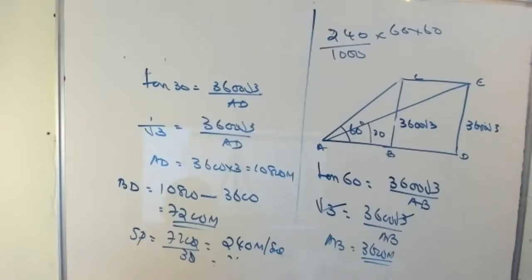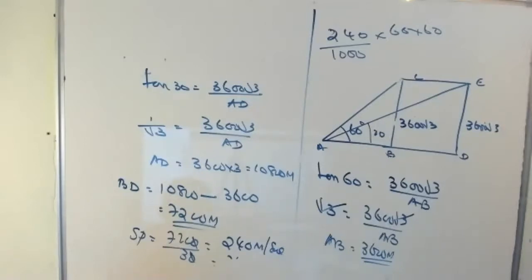Next line. The bird flies away from the point of observation horizontally and remains at constant height. Abel, this line okay?